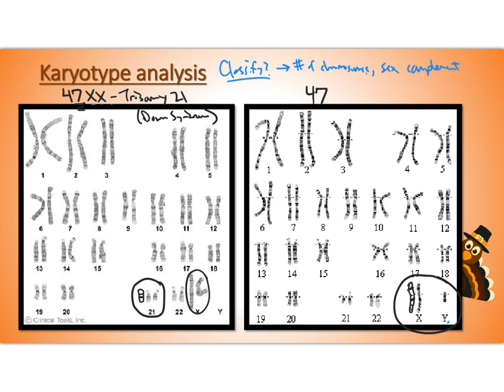And this one's going to have a different sex complement, right? This one is XXY. Now, believe it or not, this is still male because it has a Y chromosome. But it's got 2 X's and a Y, and so this is going to be a different disorder called Klinefelter syndrome.